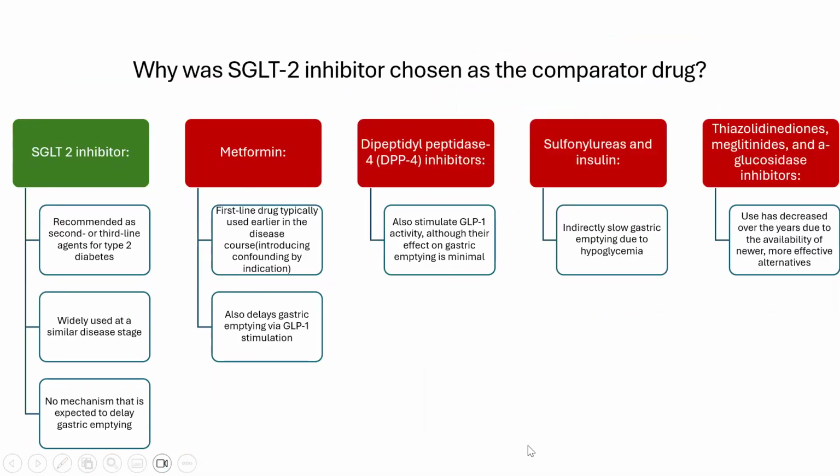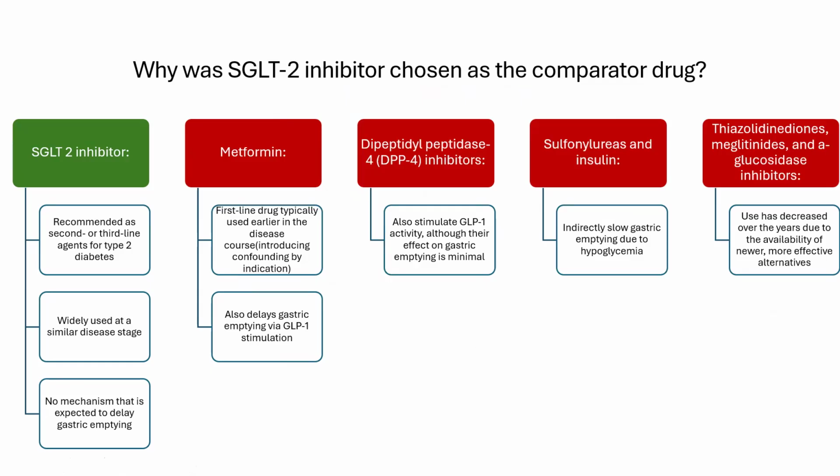Now coming back to the study, why was an SGLT2 inhibitor chosen as the comparator drug? SGLT2 inhibitor is similar to a GLP-1 receptor agonist in terms of being recommended as a second or third line agent for type 2 diabetes, and it is widely used at a similar disease stage. SGLT2 inhibitor, unlike a GLP-1 receptor agonist, has no mechanism that is expected to delay gastric emptying.